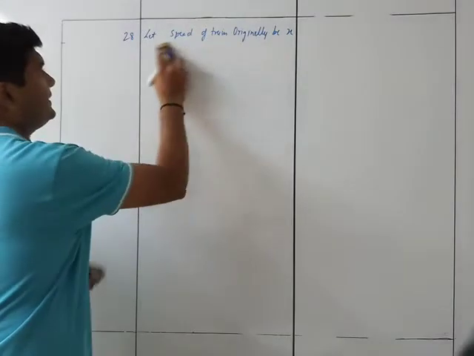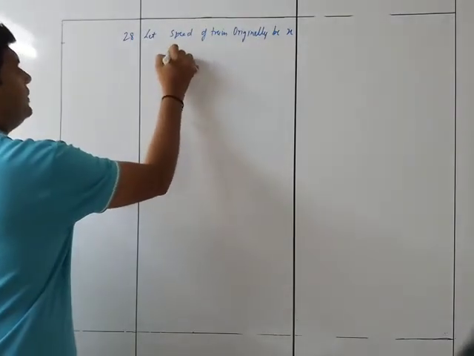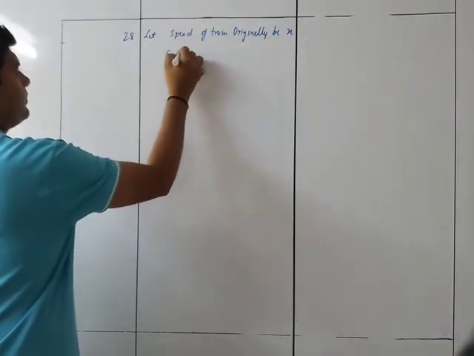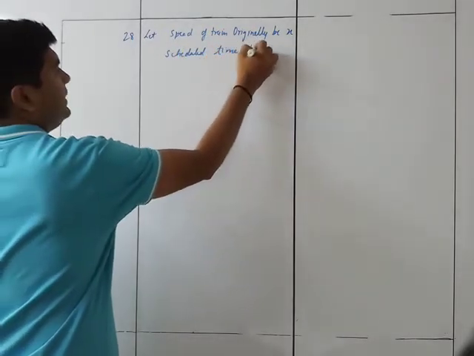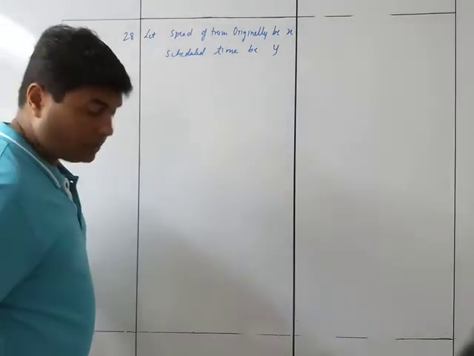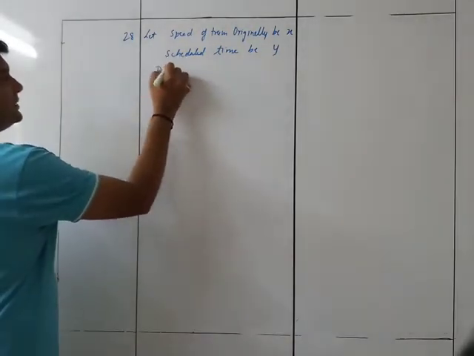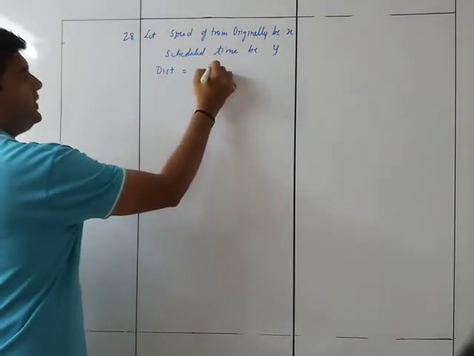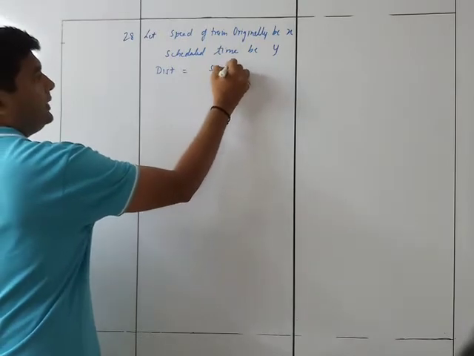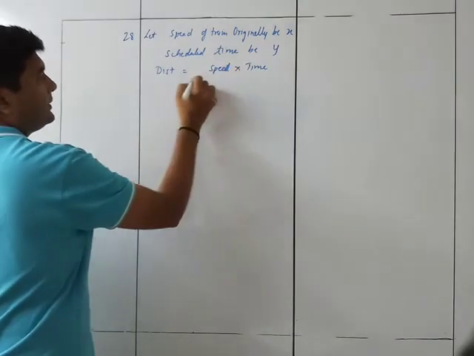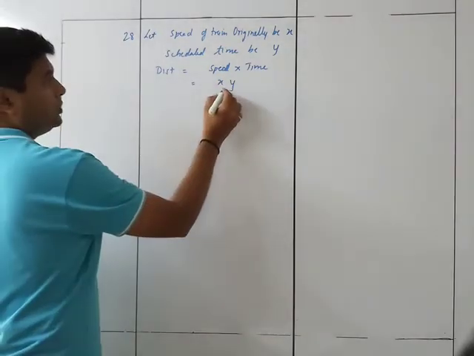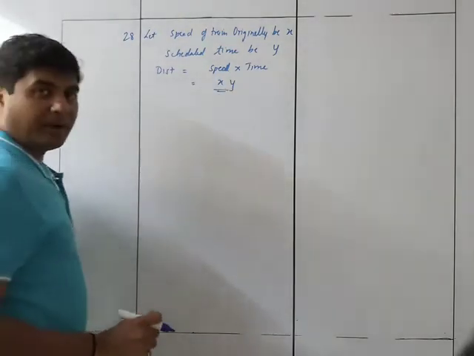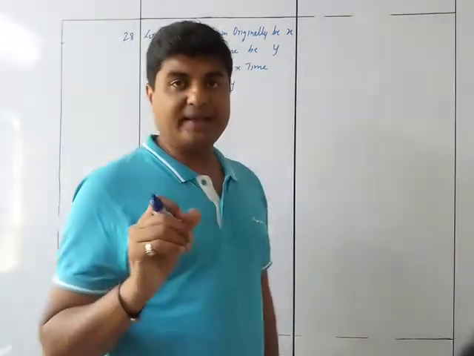We will take the scheduled time as y. We know that distance is equal to speed into time, that means xy. So this is the important part, that the distance we have measured is xy.